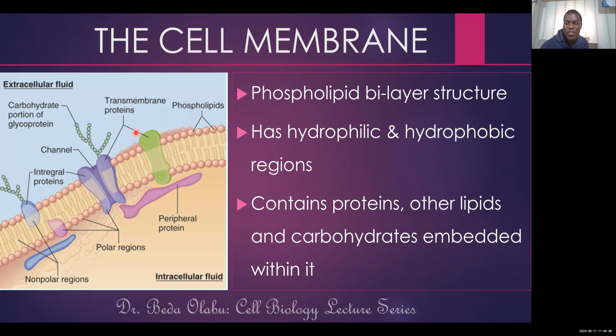There are two examples of transport proteins. You can have ion channels like this one. It's an ion channel, so ions go through it. But you can also have what we call carrier proteins. Carrier proteins and ion channels are examples of transport proteins.